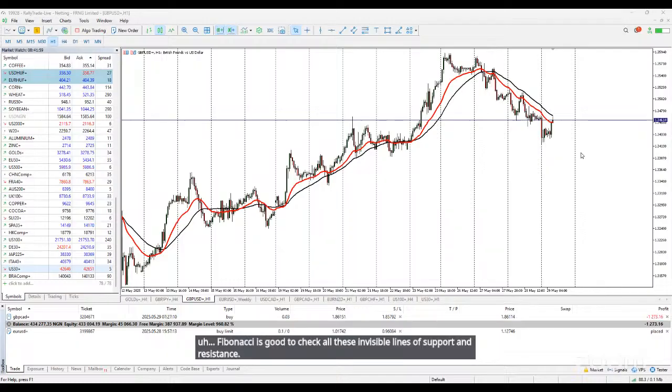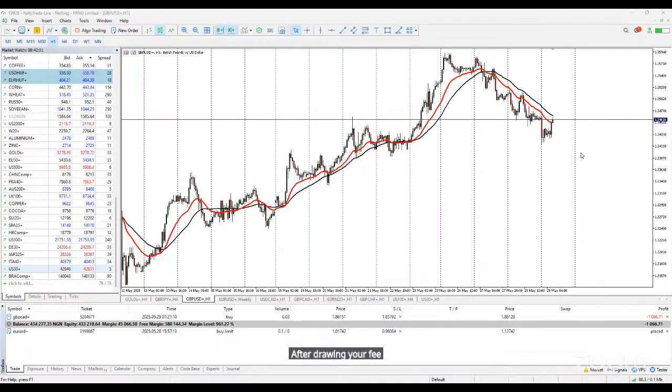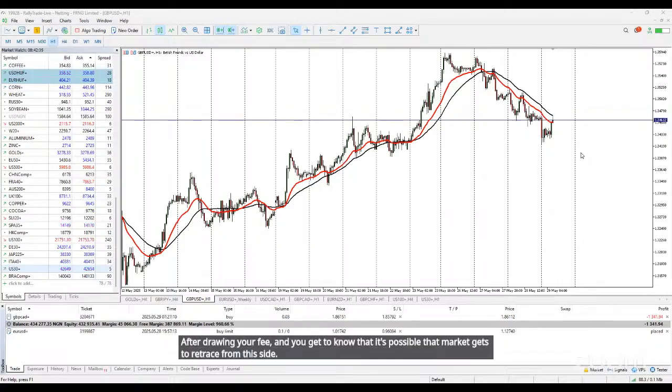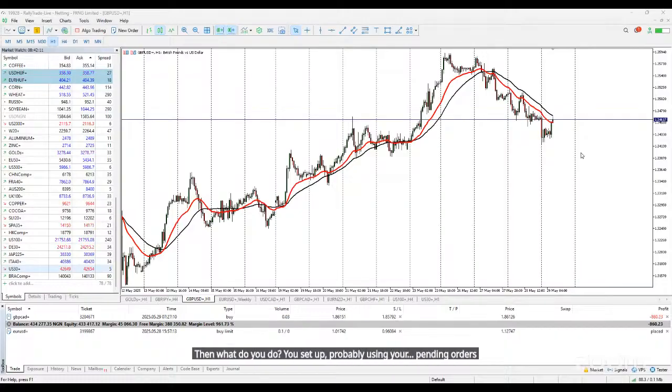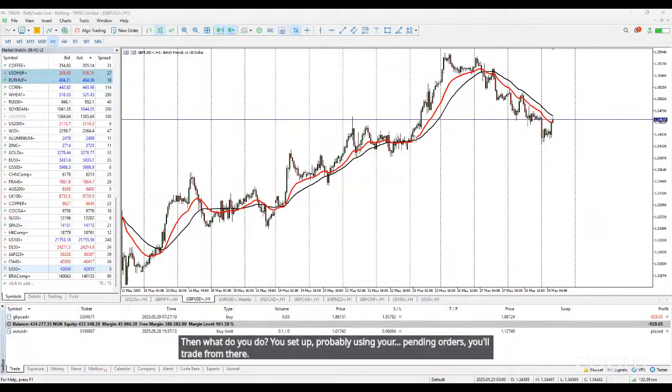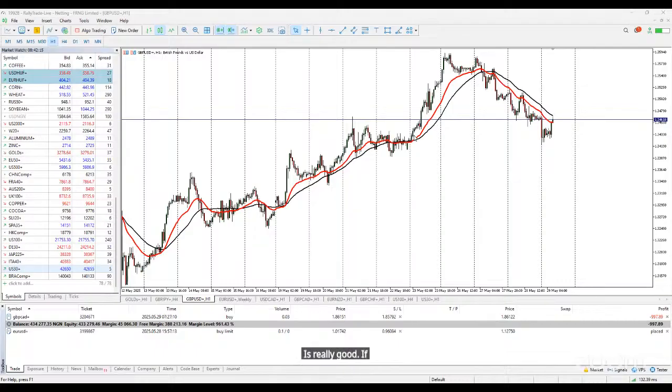After drawing your Fib, and you get to know that it's possible the market will retrace from this side, then you set up, probably using pending orders, and pick your trade from there. It's really good if you are able to get it correctly.